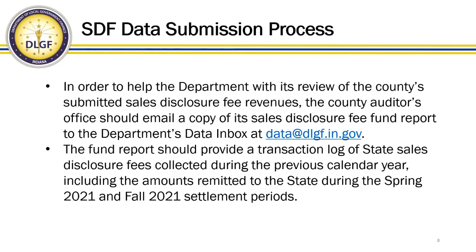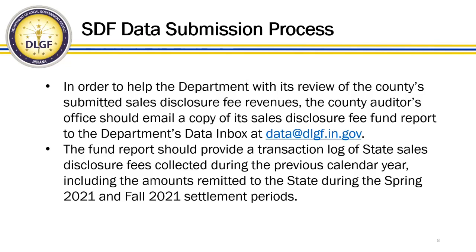In terms of the process for this report and how we treated it during previous review cycles, it was traditionally something that the data team would ask of the county auditors on an ad hoc basis. When we were reviewing the sales disclosure data submitted to us and came across a discrepancy in our revenue check, we would then reach out to the county auditor and ask them to submit their fund report to us.